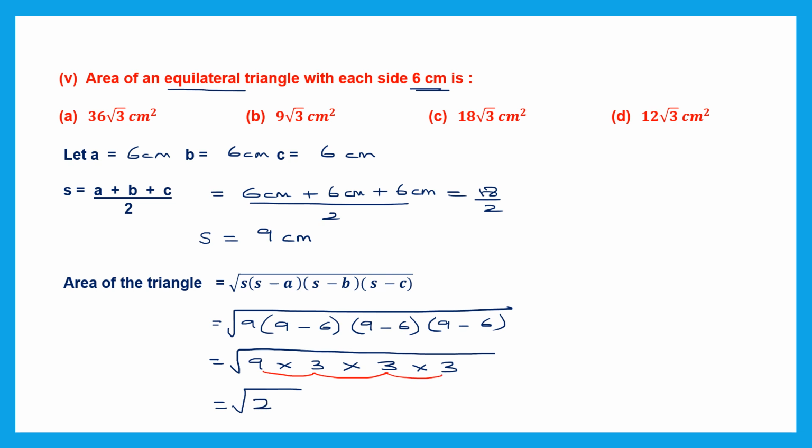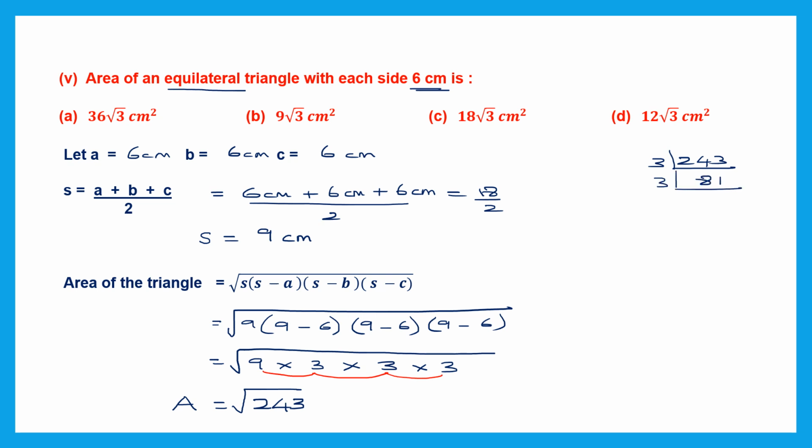So the area of this triangle is the square root of 243. Now our answer is given in a different form, so we have to get our answer in that form. Let's simplify this by finding all the factors of 243. Dividing by 3: 3 8s are 24, 3 1s are 3.